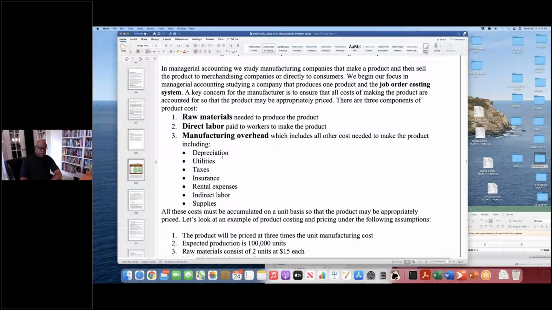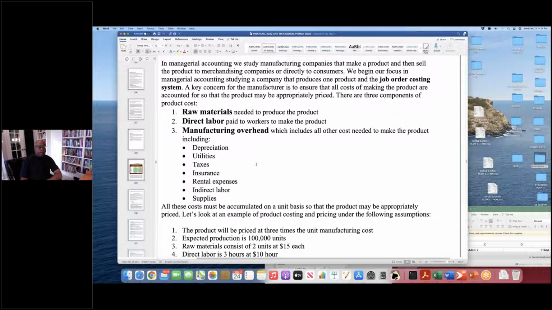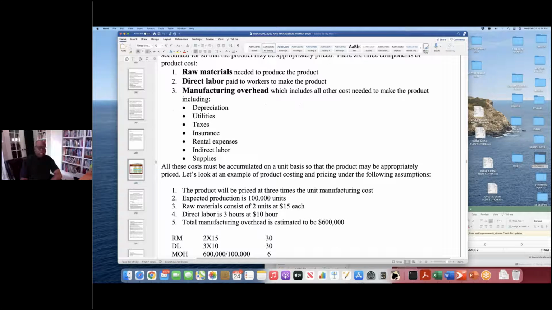Because these costs occur all during the year, we don't know exactly what they are, so we have to estimate them. And then in terms of allocating them, there are ways that we do it, but we do it based on how many units we're going to make, but we may not make all those units. And so we have to make some adjustments.